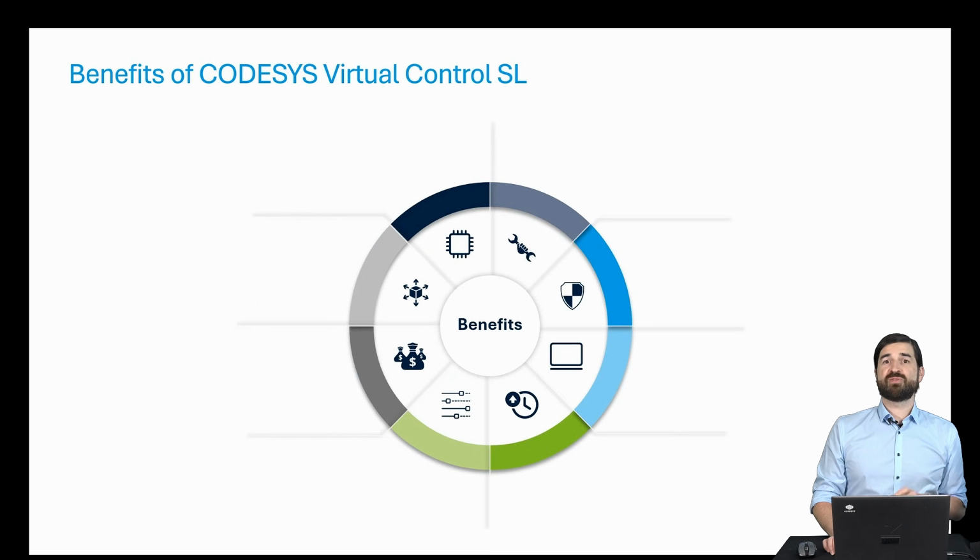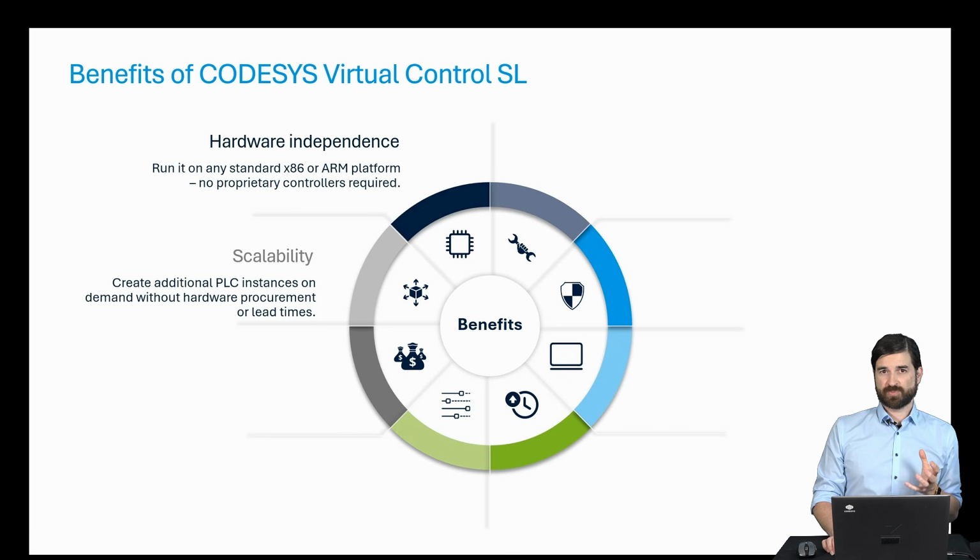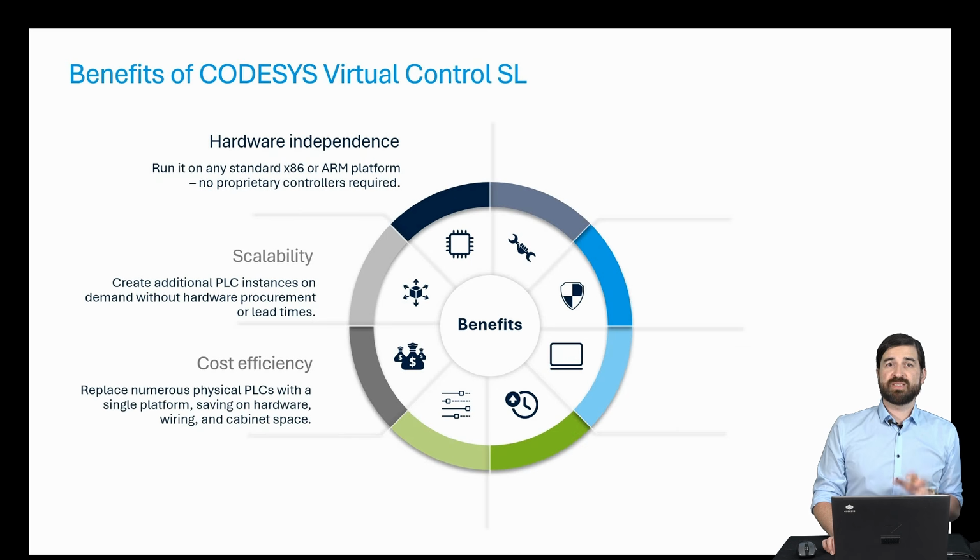And in addition to this flexibility in licensing, there's a whole range of other key benefits. You're hardware independent, can scale your system with extreme flexibility, and operate cost effectively thanks to reduced hardware requirements. You can deploy your virtual PLC on all different kinds of devices and systems and move instances freely between them.